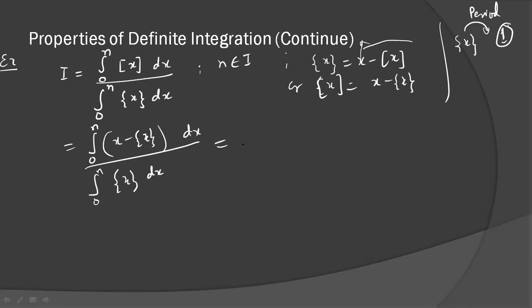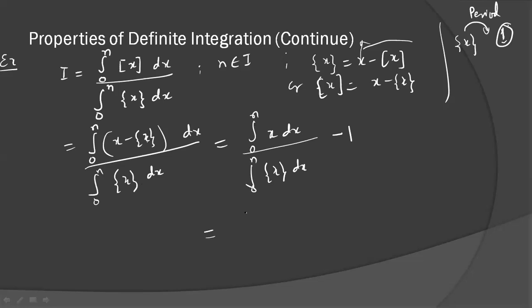If you separate it, you will get the integral 0 to n of x dx over the integral 0 to n of the fractional part of x dx, minus 1, because the fractional part integral cancels with the fractional part integral in the denominator, giving minus 1.